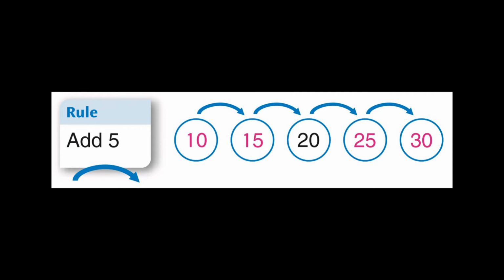Okay? Sometimes, and in the next one, you're going to see the answers pop in there, but sometimes they're going to give you a number to start with. They're going to start with a 20. Okay? So let's pretend that you didn't see those answers in there, that they just look like this. Okay?